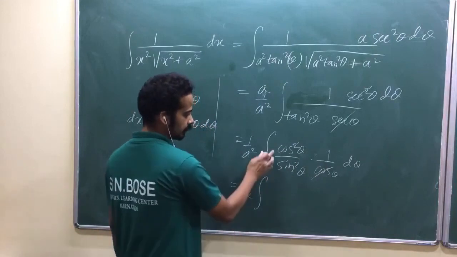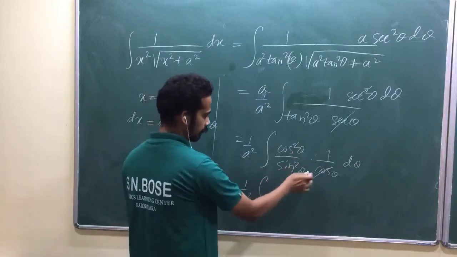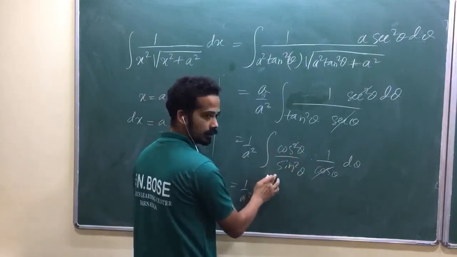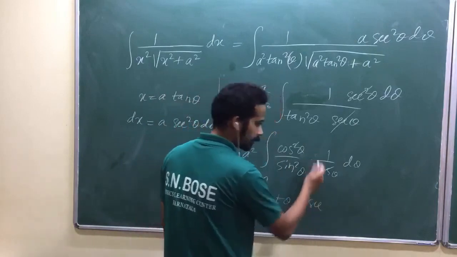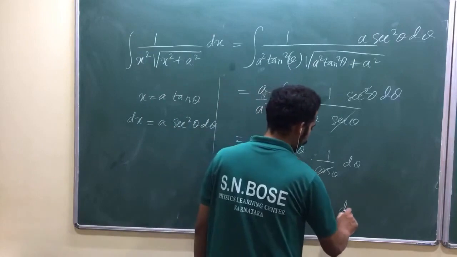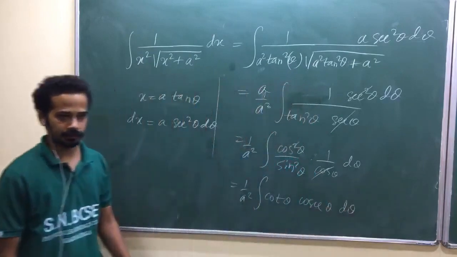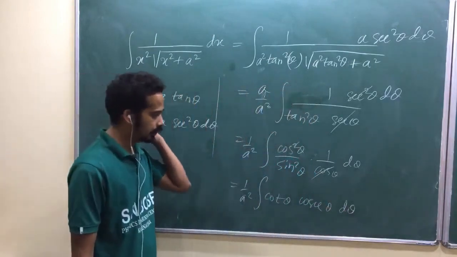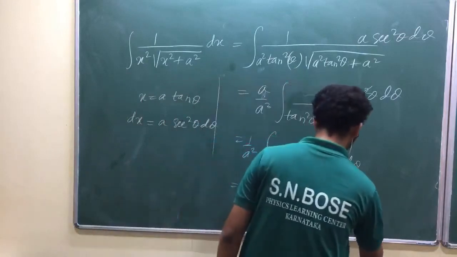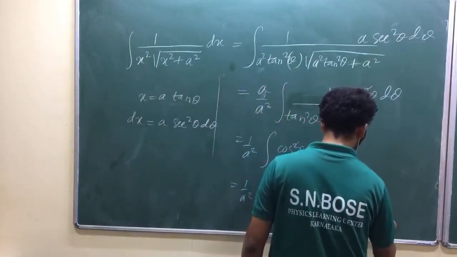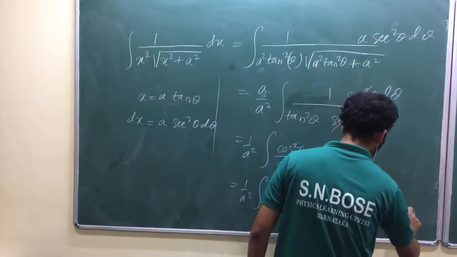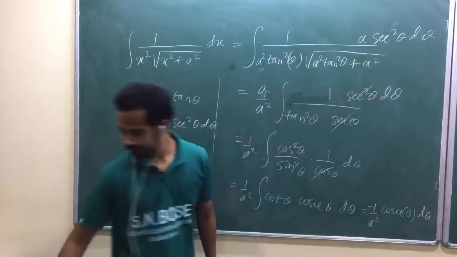Can I write like this? Cos theta by sin theta into 1 by sin theta. Cos theta by sin theta is cot theta. 1 by sin theta is cosecant theta d theta. I think this is the cosecant theta derivative. Cosecant theta derivative is cosecant theta into cot theta, isn't it? That's equal to 1 by a square times minus cosecant theta d theta.